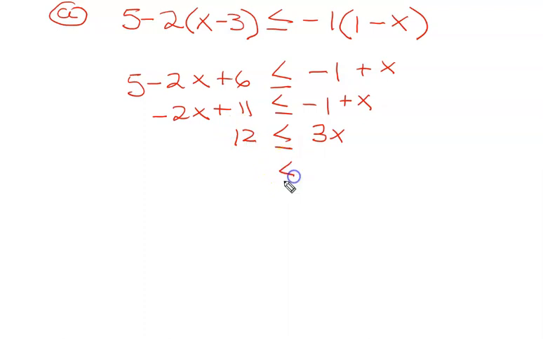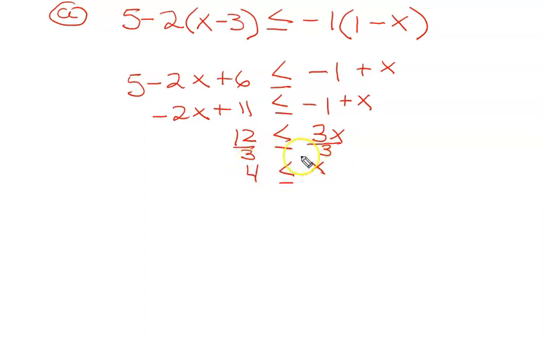Now notice that since my variable is positive, I'm going to divide by a positive 3. Now, because I'm using a positive, I don't have to change the direction of my inequality. So this just becomes x is less than or equal to 4.